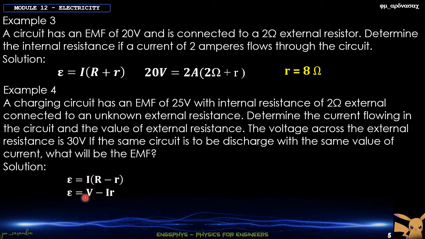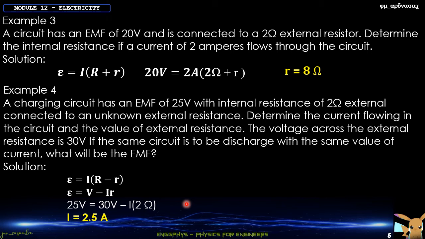So we are given from the problem that the voltage on our external resistance is 30 volts. So with that, we could now substitute the values. The EMF, 25 volts, minus the voltage on the external, 30, minus your current, I, times the internal resistance, 2 ohms.